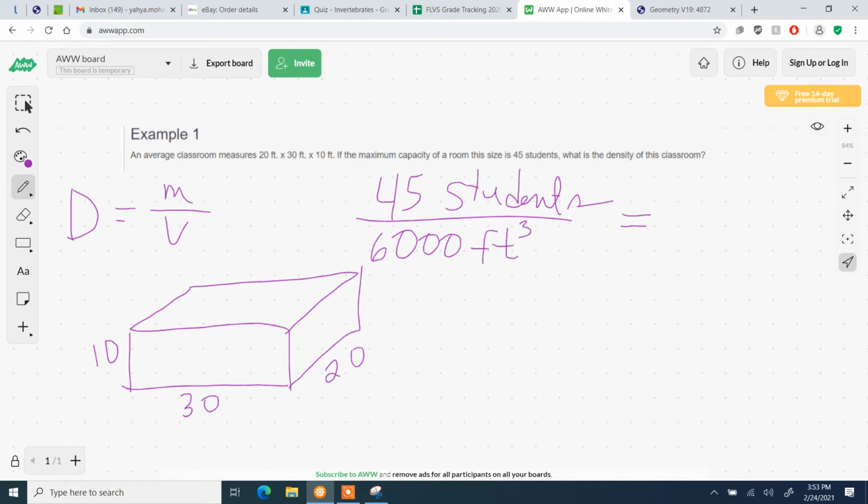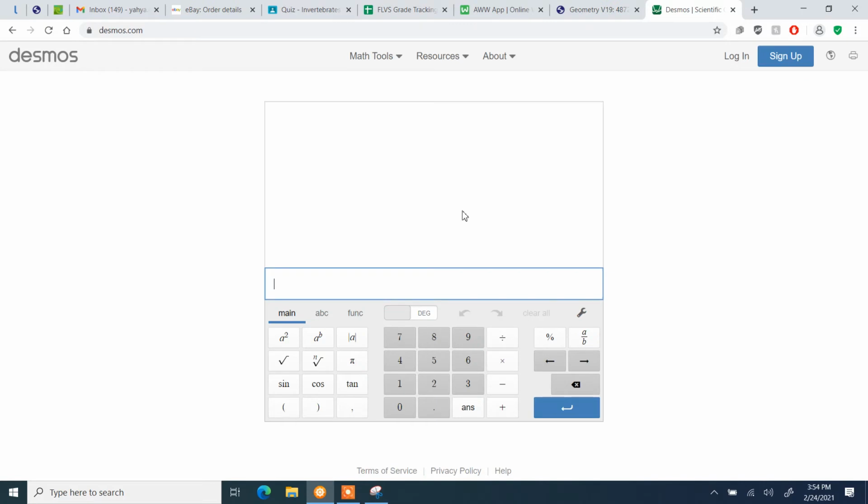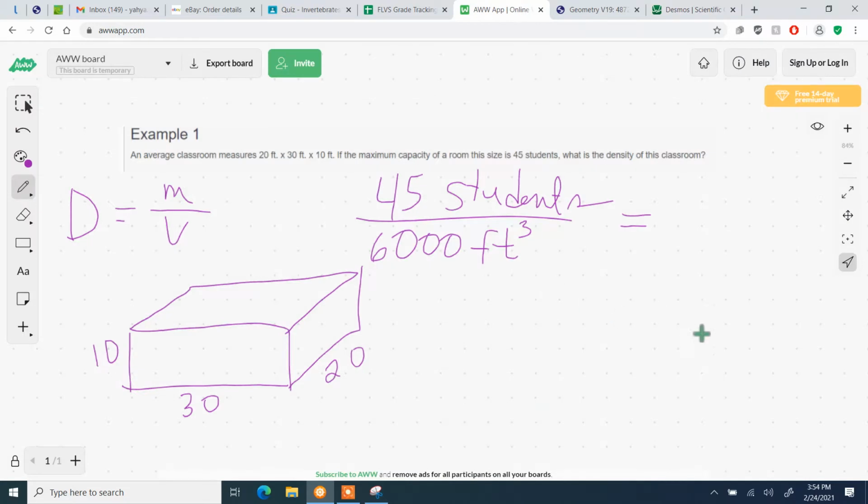Now I divide these two: 45 students divided by 6,000 feet cubed. I'm going to go to my scientific calculator and put it in: on the top 45 students divided by 6,000 cubic feet. So this is our density, 0.0075. I'll write that down.